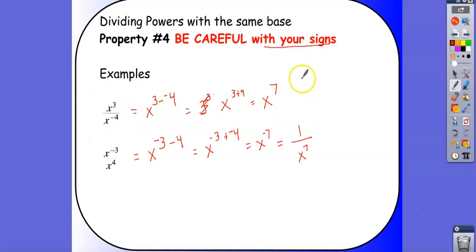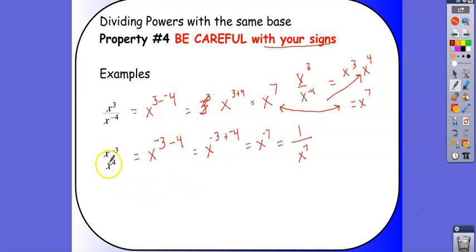But notice, if I have x cubed over x to the negative 4, I can use the downstairs upstairs rule. I keep x cubed there, and the x becomes positive 4. It's x cubed times x to the 4th. That's x to the 7th. See how I get the same answer? Doesn't matter what order I do it in. Either I use the division property, or I use the upstairs downstairs rule.